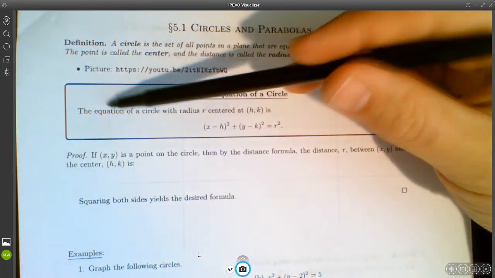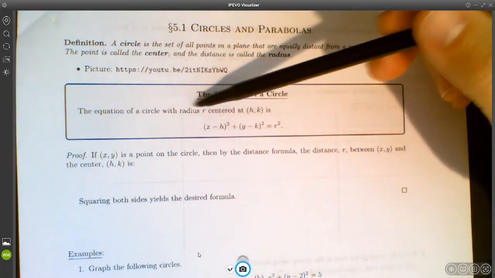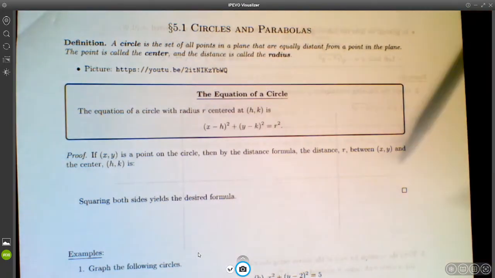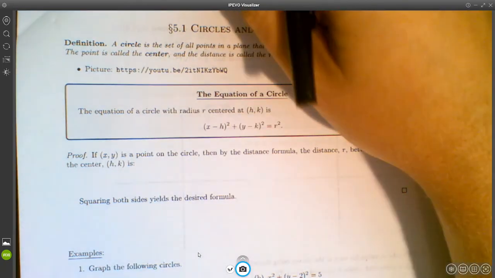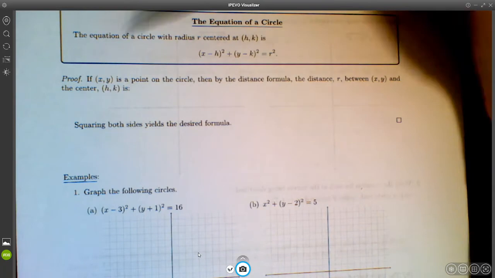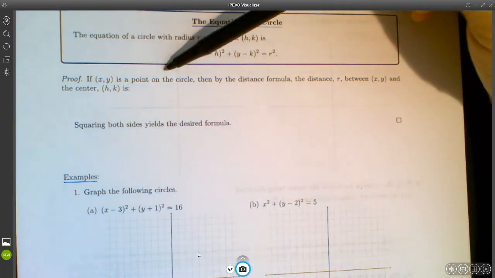Based on this definition, we can come up with an equation for the circle. The equation of a circle with radius r centered at (h, k) is (x minus h) squared plus (y minus k) squared equals r squared. And here's a proof of that fact. Let's say that (x, y) is a point on the circle.